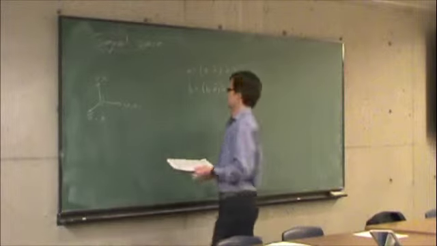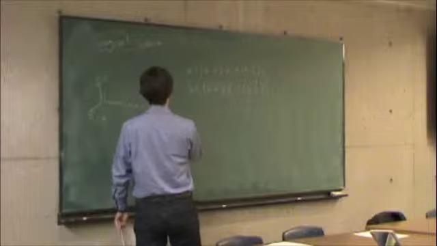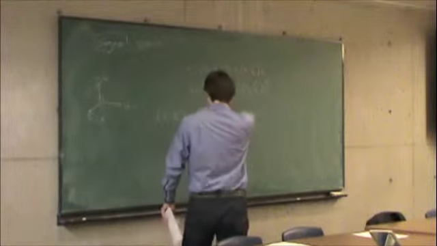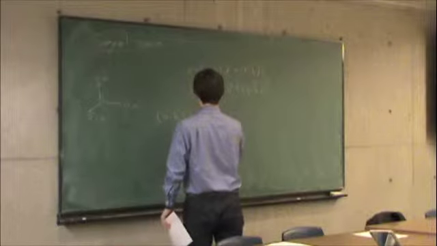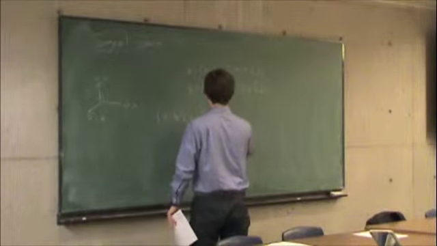What does a dot product operation look like? So if I have A dot B, what am I doing? I'm taking the sum from i equals 1 to n of a_i b_i.